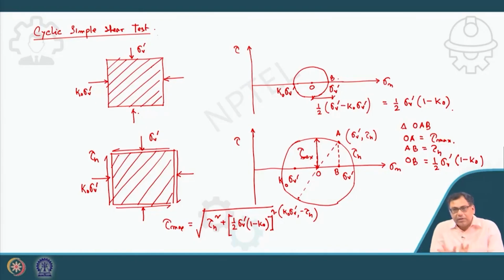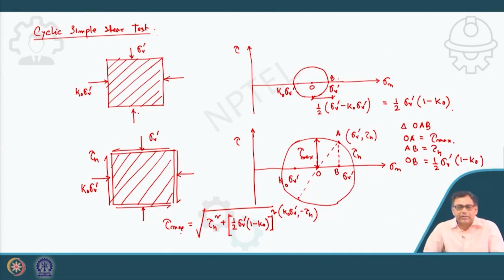Later on I will use these values, tau h, tau max, sigma V bar, or half sigma d, sigma 3. So this way I will get the tau max. Now I have discussed how the stresses are developed in different planes under cyclic triaxial condition and cyclic simple shear condition. Now I have to correlate them.